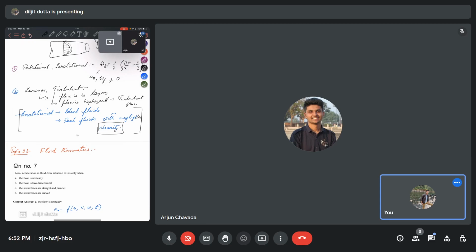If there is shear, the different layers of the fluid will be interacting with each other, and this may give rise to a change in angular momentum. So this will give rise to rotational flow if the viscosity is very high in a fluid. If the fluid has negligible viscosity, then the real fluid can also maintain irrotational flow at times.